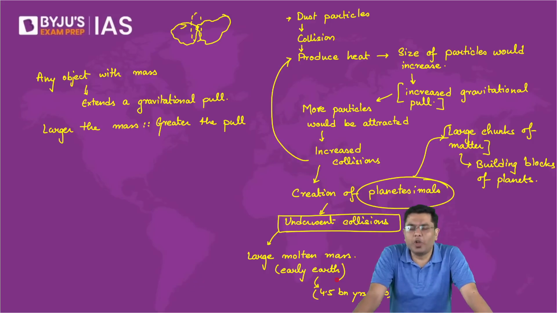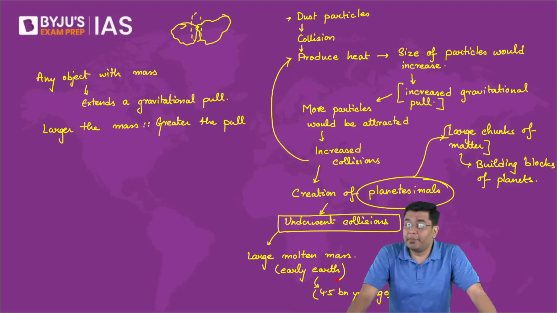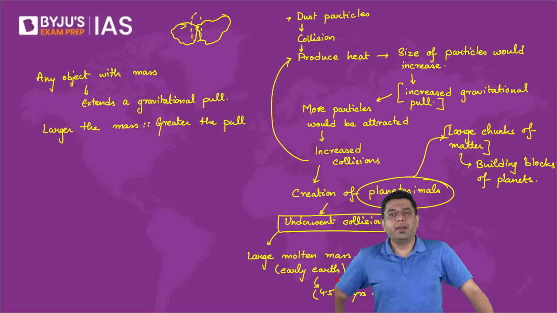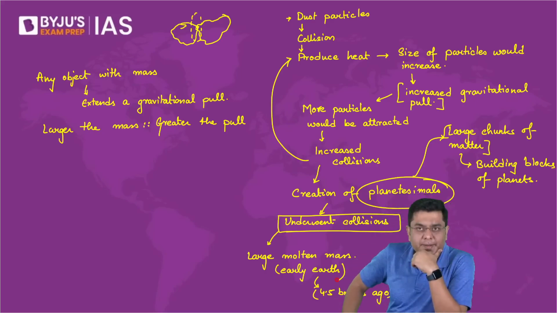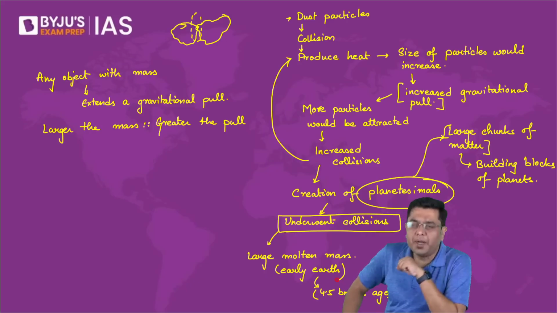When you heat a solid, it becomes liquid, isn't it? So that is the molten form of mass which was created. In fact, roughly around 4 billion years back to 4.2 billion years back, it is at that point itself when the moon was also created. We'll come to that. But before that, let us analyze this stage a bit deeper.